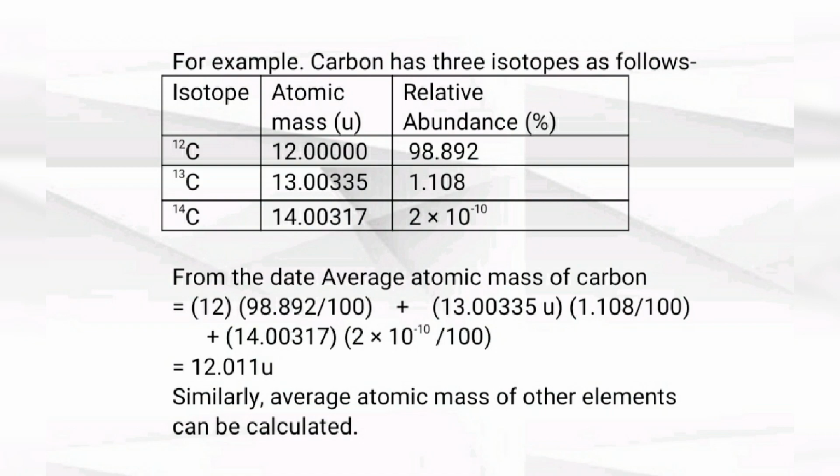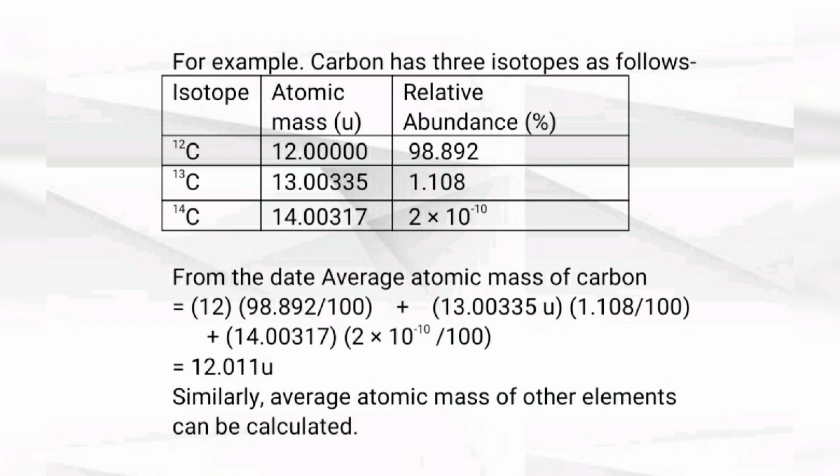Look at the downside. Average atomic mass of carbon equals 12 into its abundance plus 13.00335 into its relative abundance, that is 1.108, plus 14.00317 into 2 into 10 to the power minus 10, divided by 100.